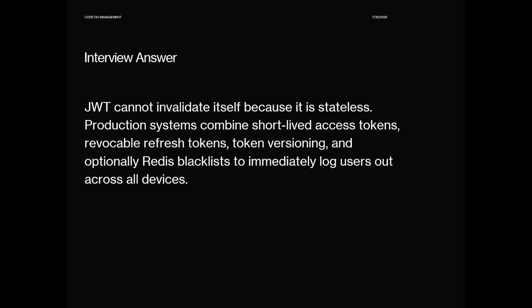The server never stores it. Production applications solve this problem using short-lived access tokens, refresh token revocation, token versioning, session tracking, and Redis blacklisting for critical cases. If someone asks you this question during an interview, you need to tell it like that.